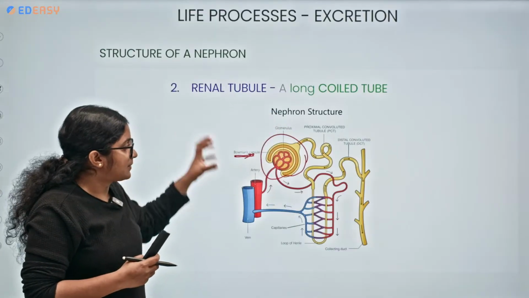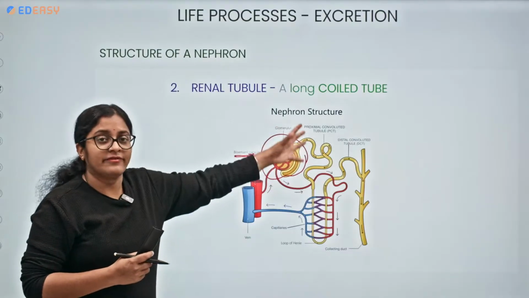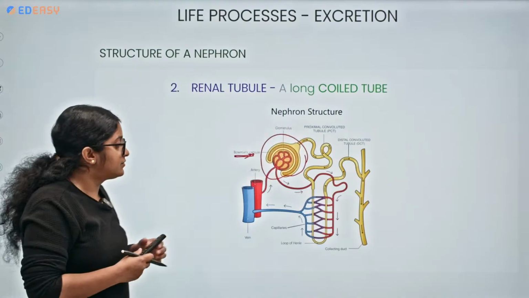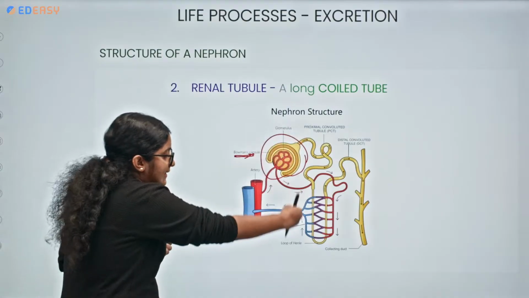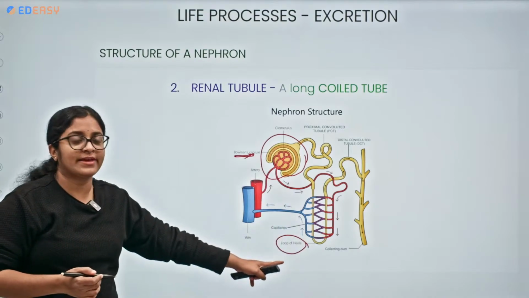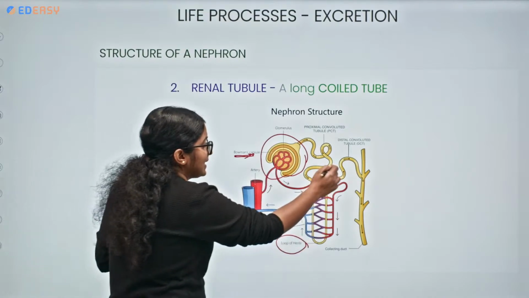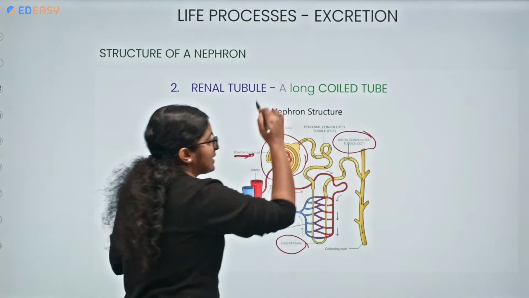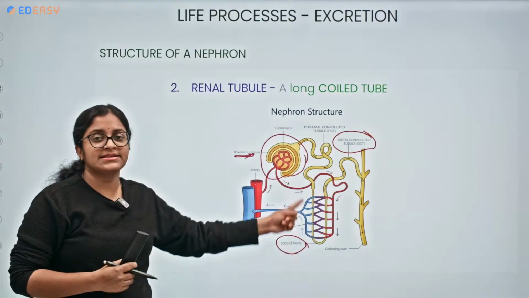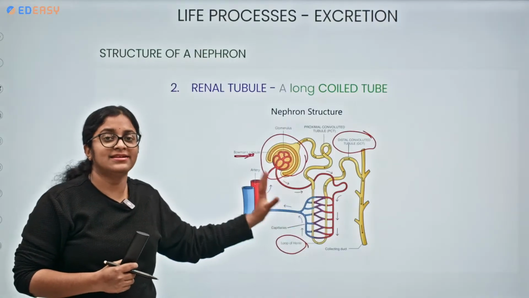From the glomerulus, the part we could see arising is the PCT, the proximal convoluted tubule, and it is getting looped into a U-shaped structure called the loop of Henle. The loop of Henle again ends with the distal convoluted tubule, which is the distal part. Remember, the loop of Henle has both the ascending and the descending parts.